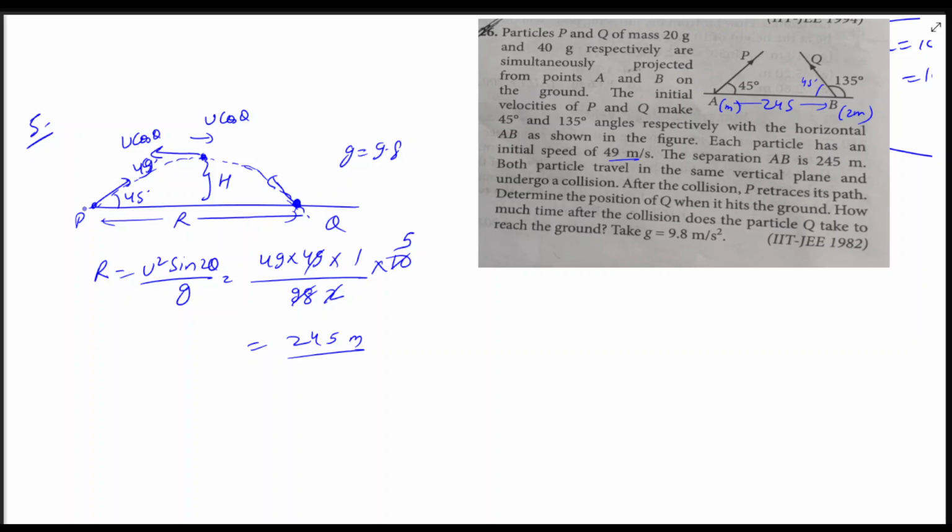Then and only then will it retrace its path back. Okay, and now at this point, both have uy component 0, right? So we just have to conserve momentum in the x direction. And then we'll find the velocity of this, and we will know how much time it will take. Okay, so it's an easy question.